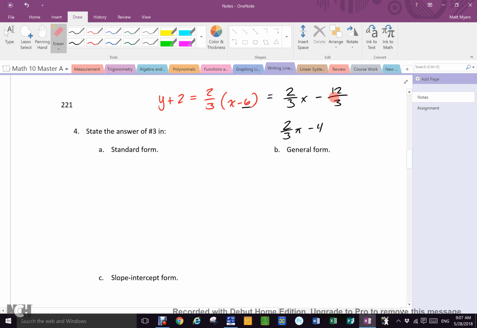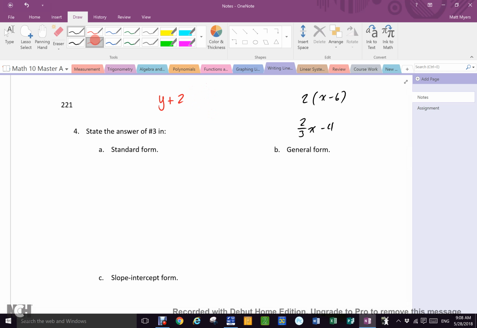Everybody cool? So everybody right now is either looking at 2 bracket x minus 6, or they're looking at 2/3 x minus 4. What then is on the other side of the equation?